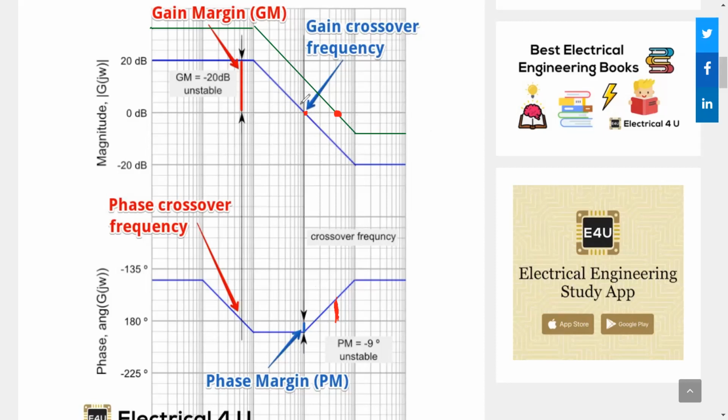Bode is actually a very primitive way of analyzing those things. People often advocate to use Nyquist, which is a different plot, but it is even more difficult to understand than Bode. And Bode, while I'm saying it is simple, I know it is not easy to understand. But anyway, you can understand this idea of margins.